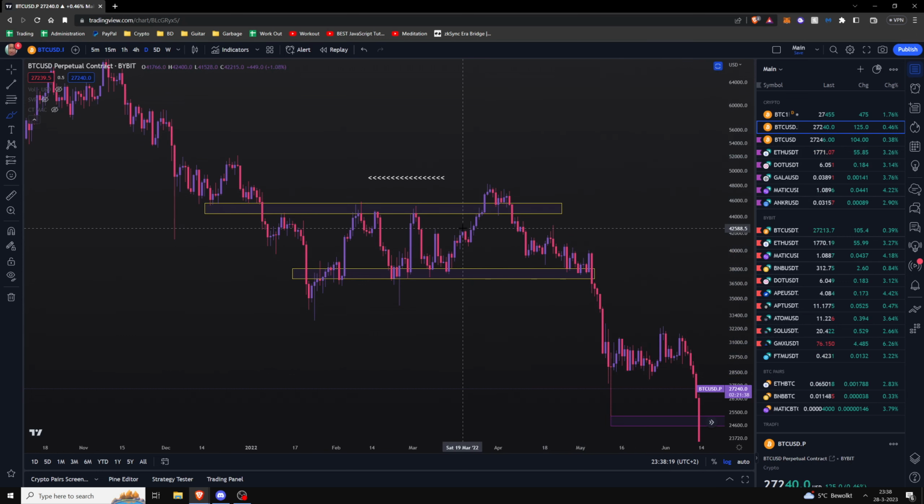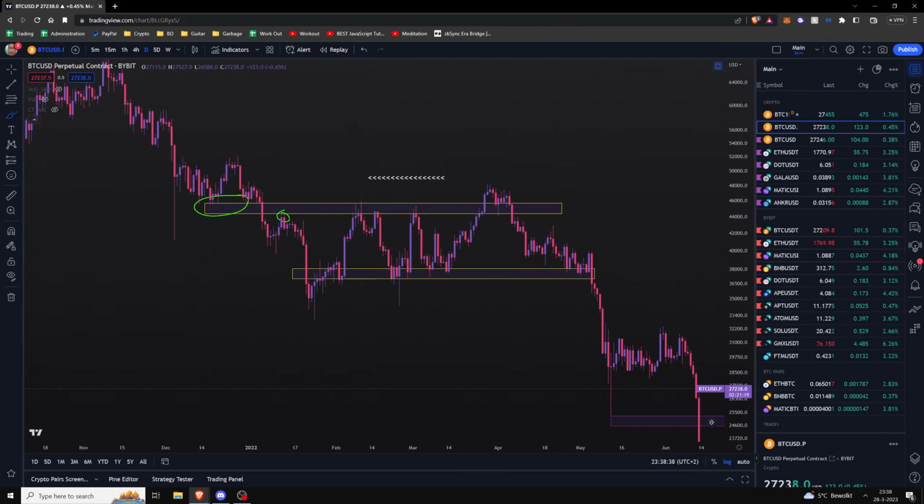But in the meantime, we first had our touch of support here. It was support here, retested from it, so this was already an area of interest. Now, we got a high here, and then confirmed this as a double top.